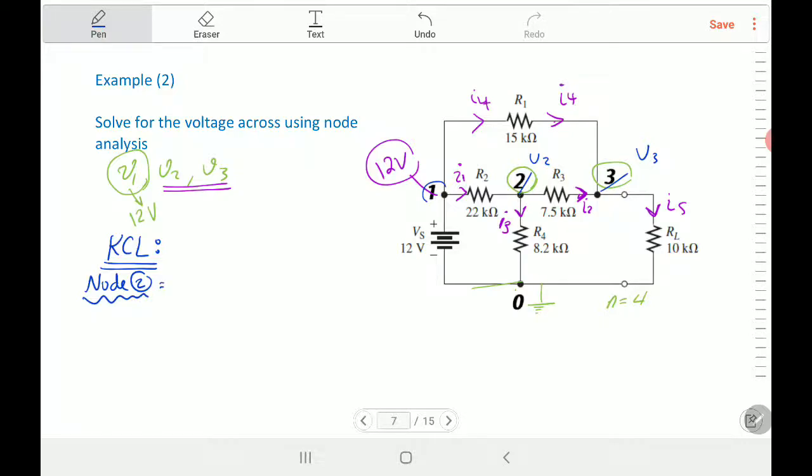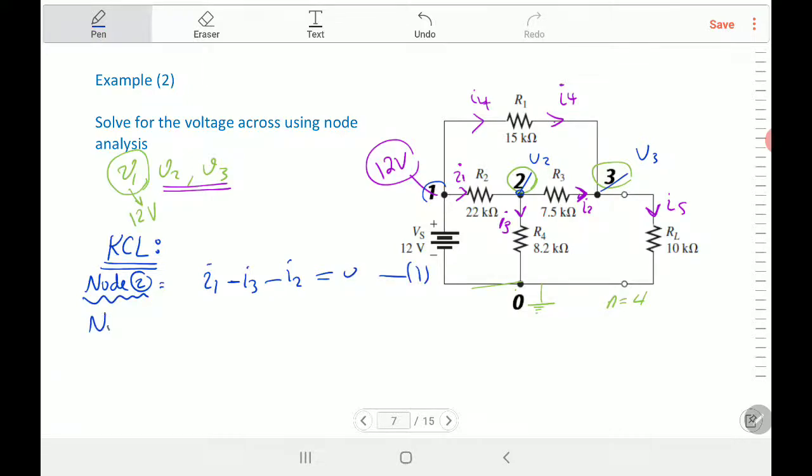Now let's write the equation for node 2. For node 2, let's look at the currents in and out. I1 is in, positive. I3 is out, negative. I2 is out, negative. Do you have other currents here? No, 3 currents, equal 0. That's equation number 1.